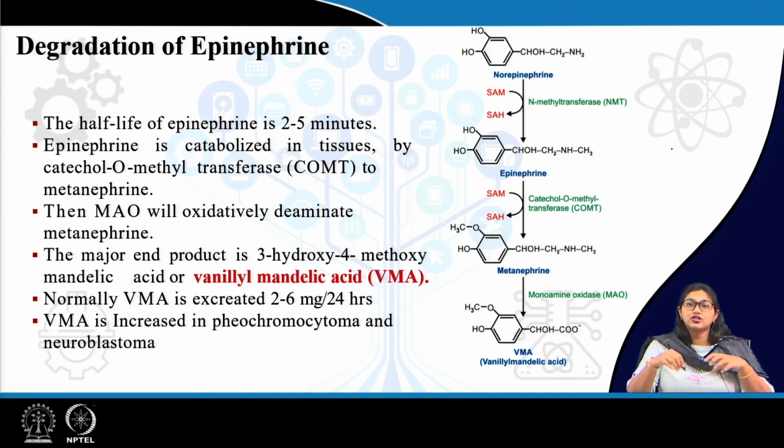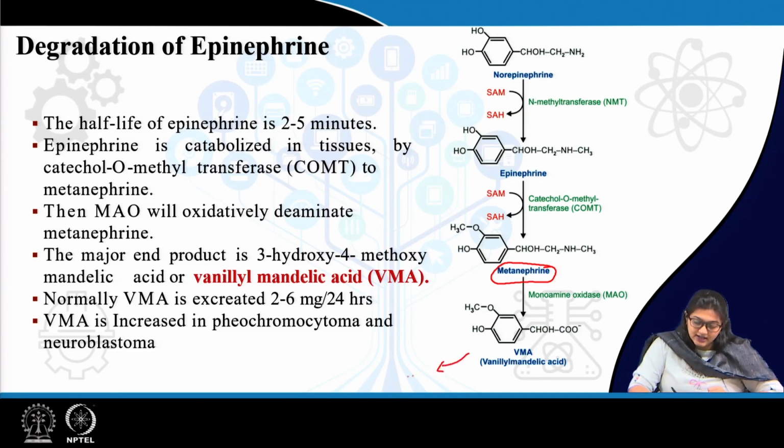Once the action is over, either it is restored in the chromaffin granules or it is degraded, and degraded mostly by the enzyme catechol-O-methyl transferase, COMT, whereby epinephrine is converted to one metabolite, metanephrine, and then metanephrine via monoamine oxidase undergoes degradation to form vanillyl mandelic acid, and this vanillyl mandelic acid is basically excreted in urine.